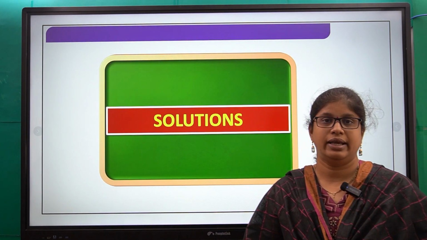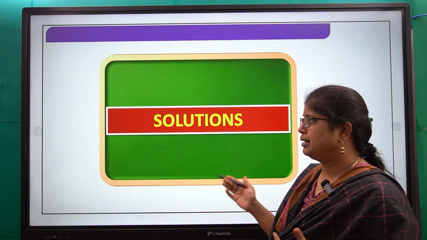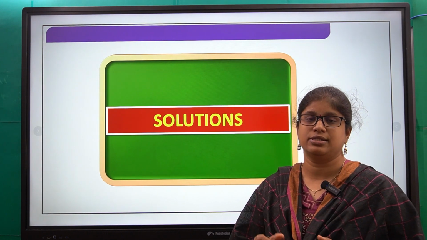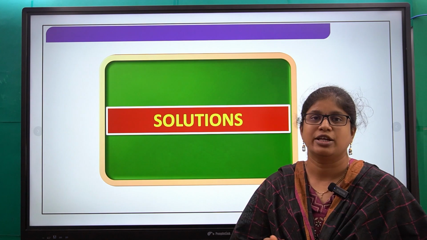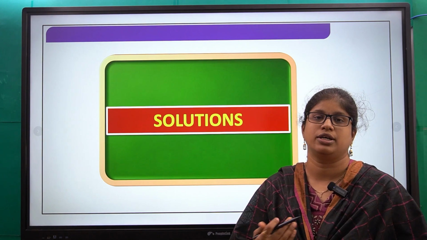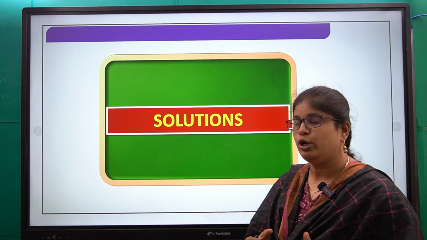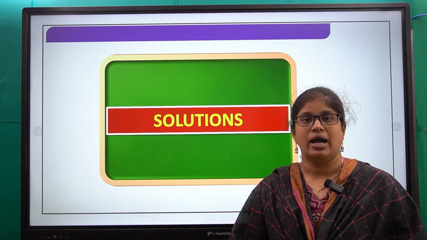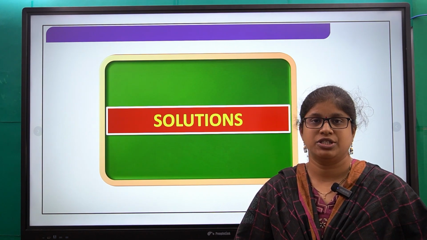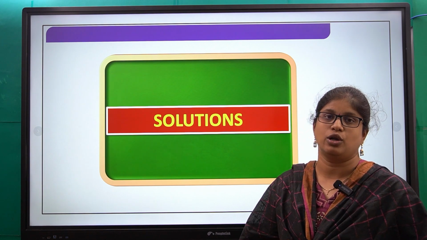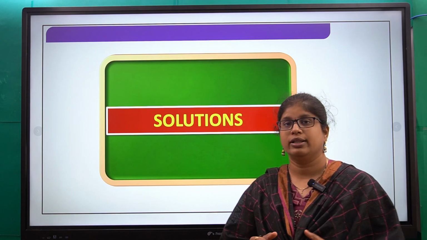In our daily life we come across the word solutions in many situations, like sugar solution, salt solution, HCl solution, NaOH solution. But what is meant by a solution, and to which type of mixtures do we generally apply this word? What are its main components?